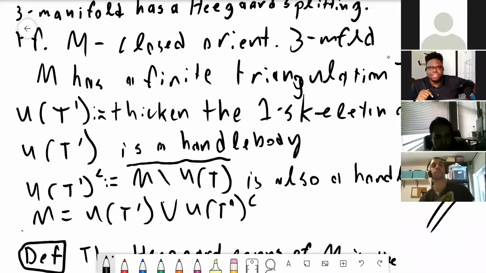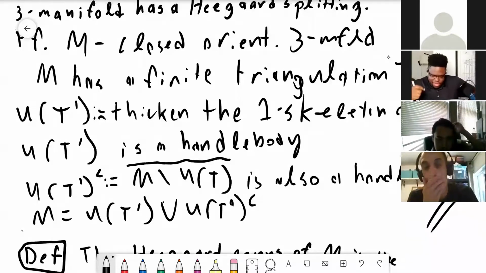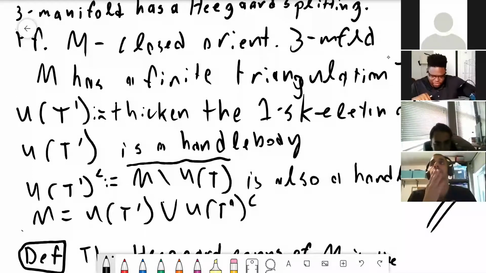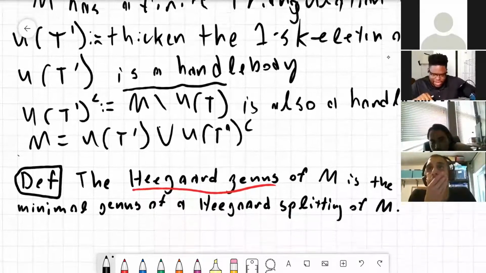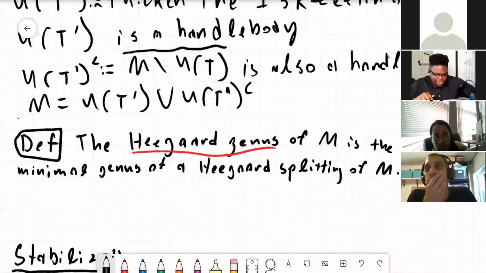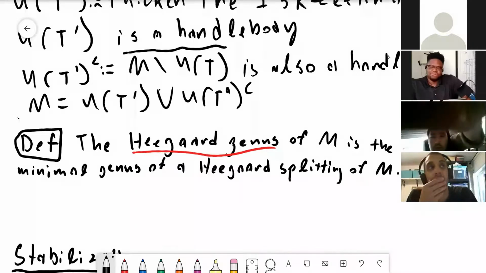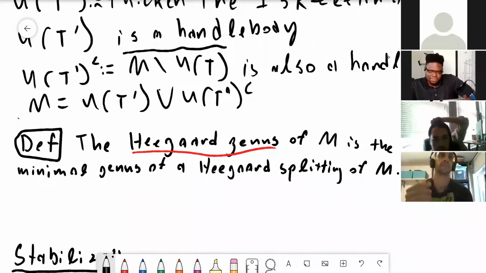All right, so now that we know that every closed orientable 3-manifold has a Heegaard splitting, I'm going to go ahead and define the Heegaard genus. The Heegaard genus of a manifold means the minimal genus of a Heegaard splitting of M that we can find.